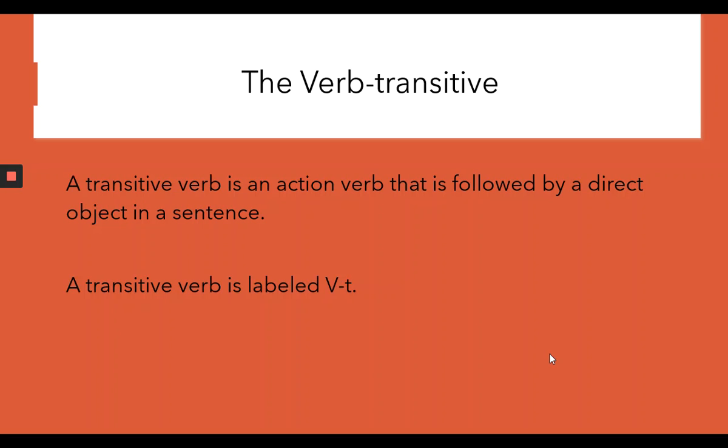A transitive verb transfers the action from the subject to the direct object. That's why it's called a transitive verb. It's a little bit confusing, so it's just helpful to remember for now that when an action verb is followed by a direct object, it gets transformed into a transitive verb, and so we mark it with a lowercase t.